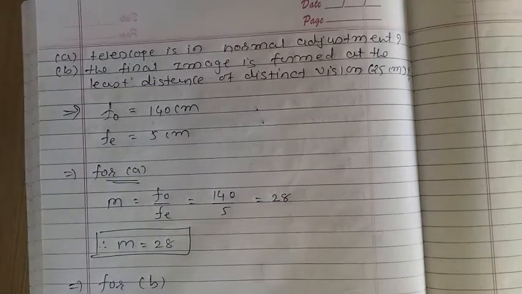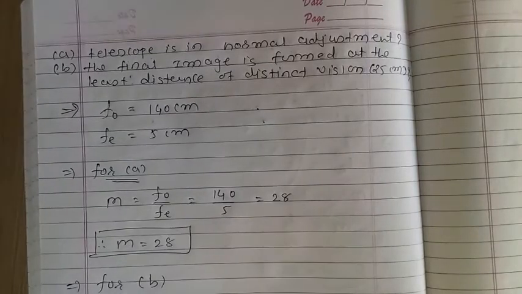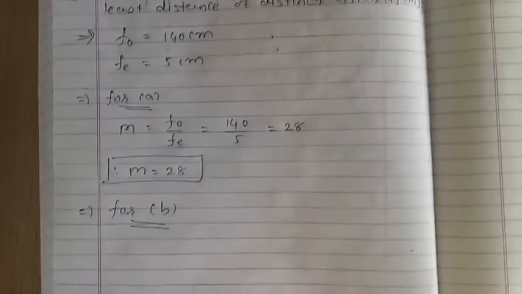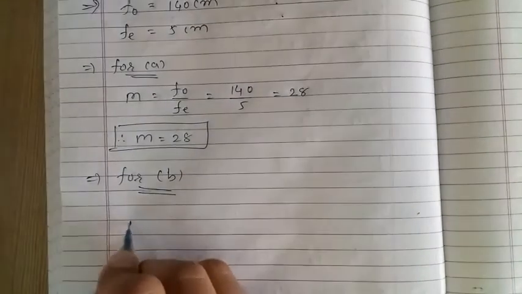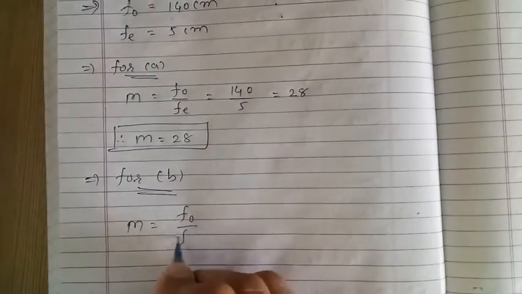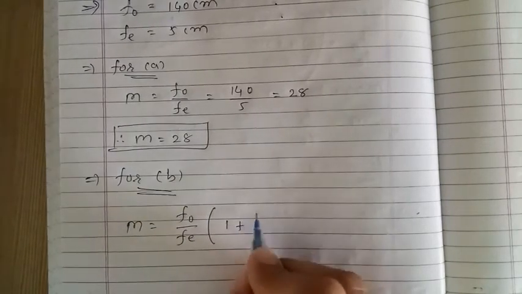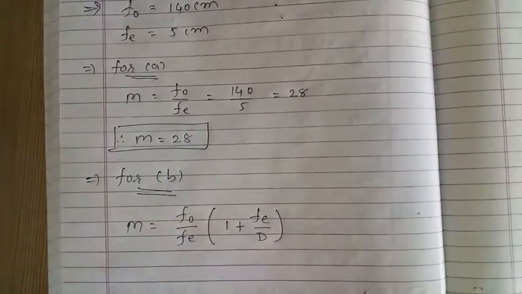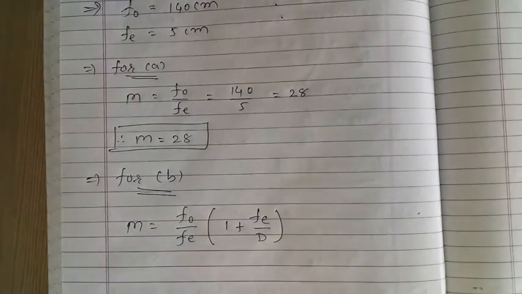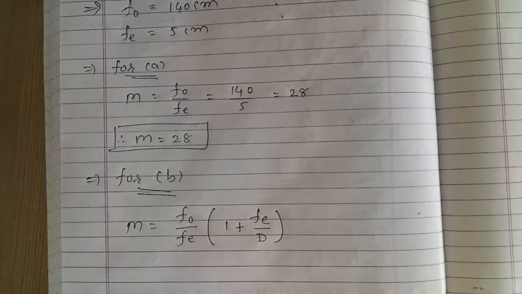Now if the distance is 25 centimeter, we know the formula of magnification, m is equals to FO by FE into 1 plus FE by D. Friends, you have to remember this formula for telescope, right, when the final image is formed at the least distance of distinct vision 25 centimeter.